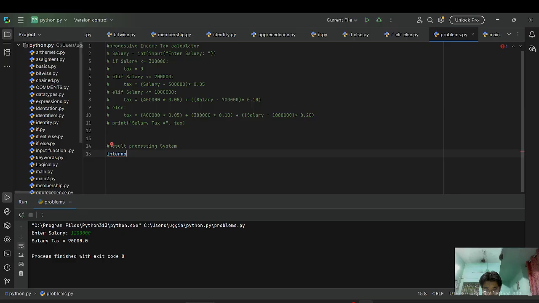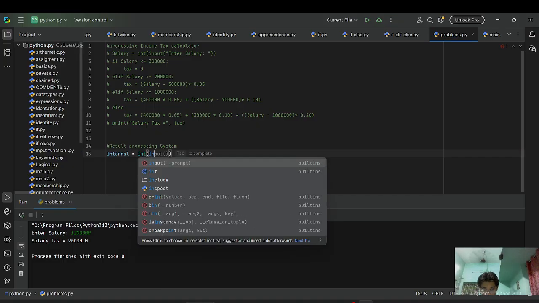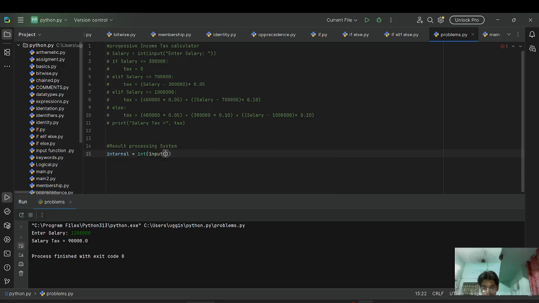In some exams we have internal and external marks. So type input internal marks.